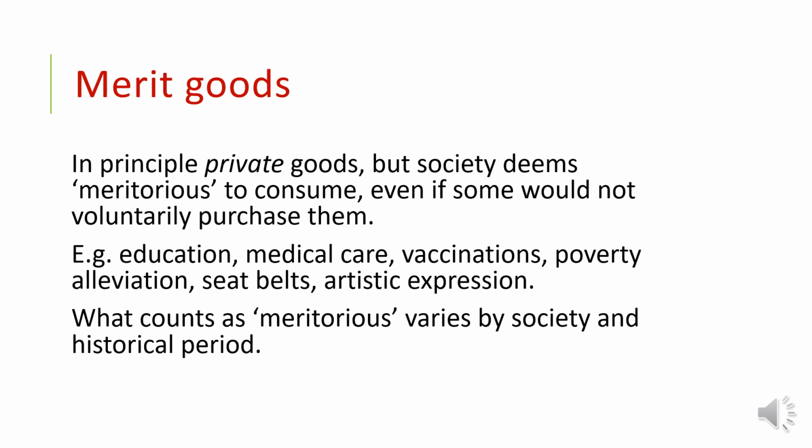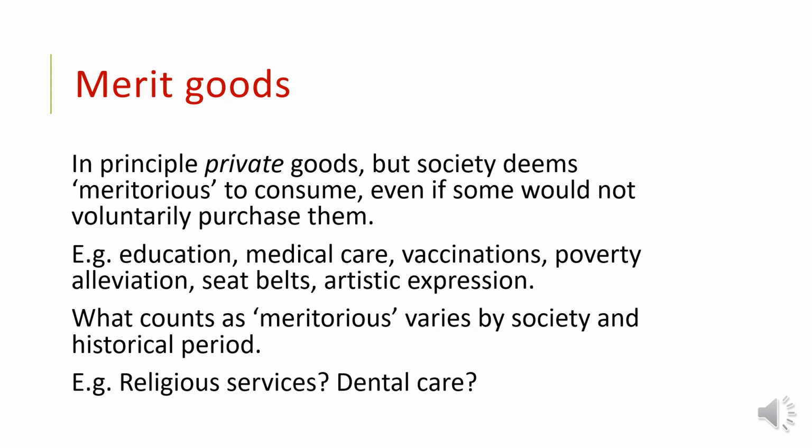But of course, the list that I've given here is not some kind of universal list which was created in time immemorial. What counts as a meritorious good varies from society to society, and is different in different historical periods, even within the one society. So, for example, why is it that in Australia, we have the subsidisation of some religious activities?